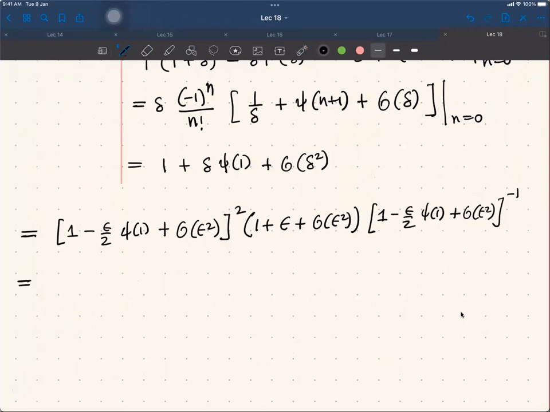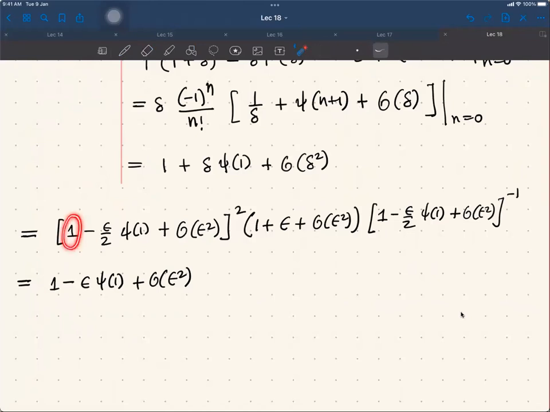So this first factor is 1 plus epsilon psi 1 plus order epsilon square. This is minus because it is coming from the 2ab factor.